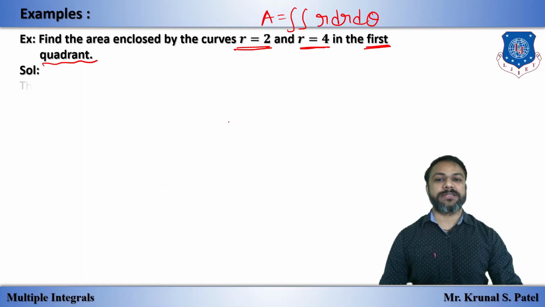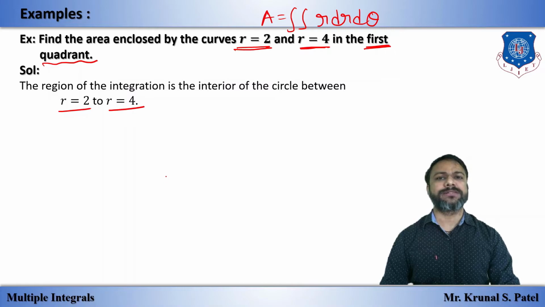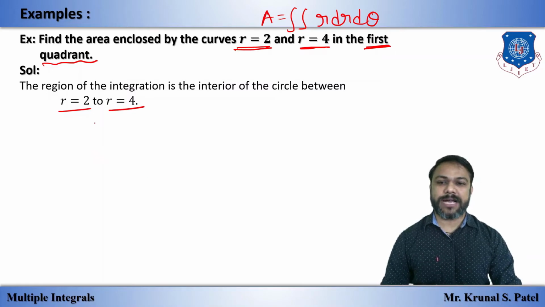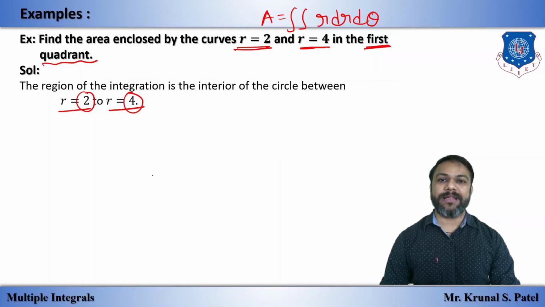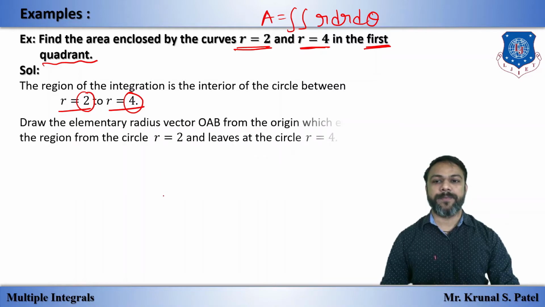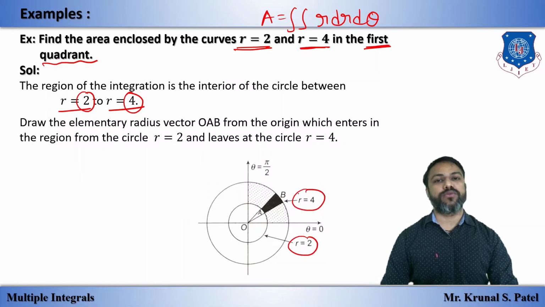So we will just write down r is equal to 4 and r is equal to 2, which are circles with center at the origin and radius 2 and radius 4. The area lies between these two circles. So we have these two circles, r is equal to 2 the inside one, and r is equal to 4 the outside one.